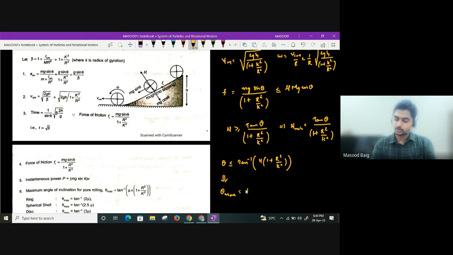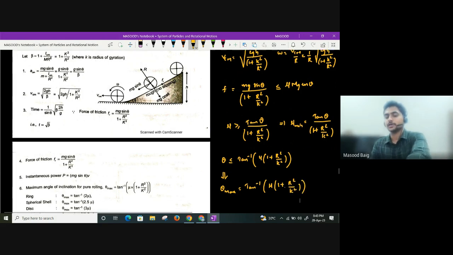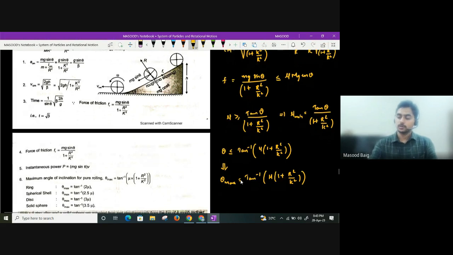The maximum angle of inclination will be tan inverse of mu into 1 plus r square divided by k square. And they also ask you to find the time taken to reach the bottom, guys. Time taken to reach the bottom will be 1 by sine theta root over 2h by g. In numerator, you can write 1 plus k square divided by r square.